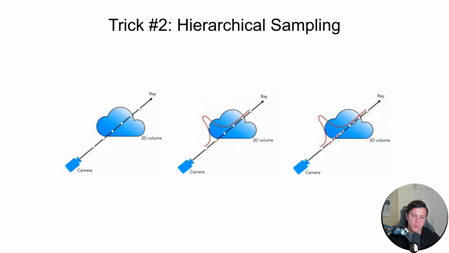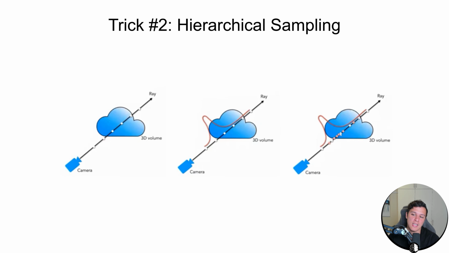We run that through the network, and then we get the density, and we see that, all right, the neural network thinks that we hit something here. Maybe it's more important to know the specifics of where there is an object.